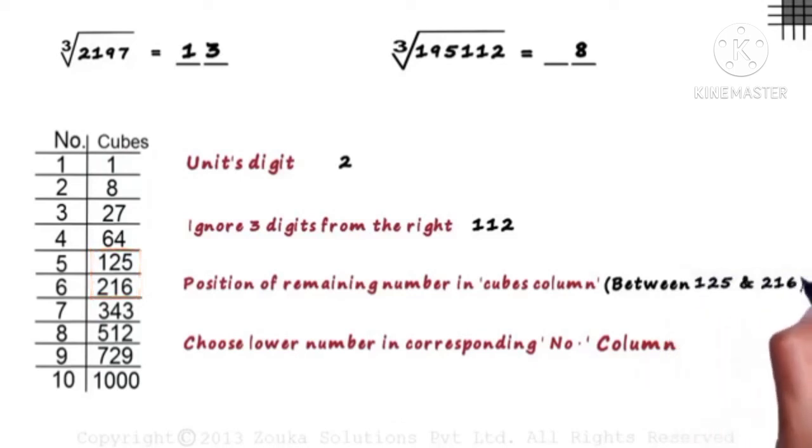That is, it is placed between 5 cubed and 6 cubed. So, from the numbers column, we choose the lower number among 5 and 6. It is 5, and we write this number in the tens place of the answer. Hence, the cube root of 195112 is 58.